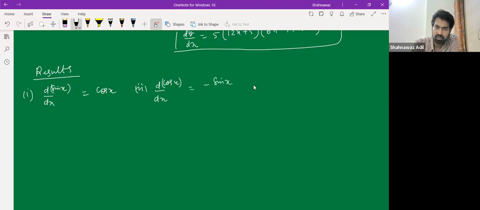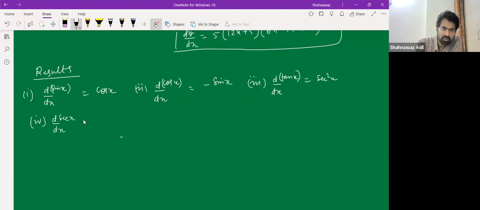And thirdly, d by dx of tan x is sec square x. Then d by dx of sec x is sec x into tan x. Then d by dx of cot x is minus cosec square x.